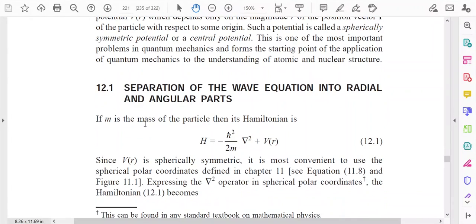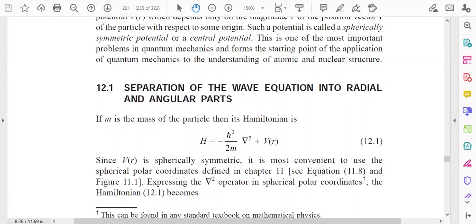Now, we study the separation of the wave equation into radial and angular parts. If m is the mass of the particle, then its Hamiltonian is H equals minus h cut square by 2m del square plus V(r). We already know about the Hamiltonian operator.